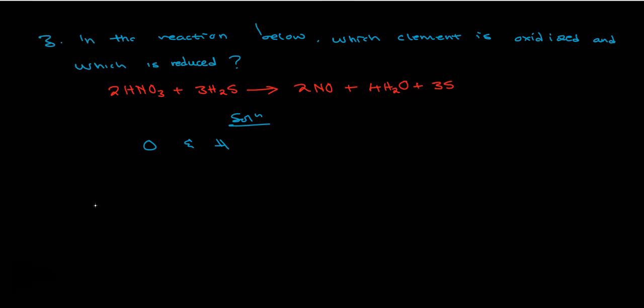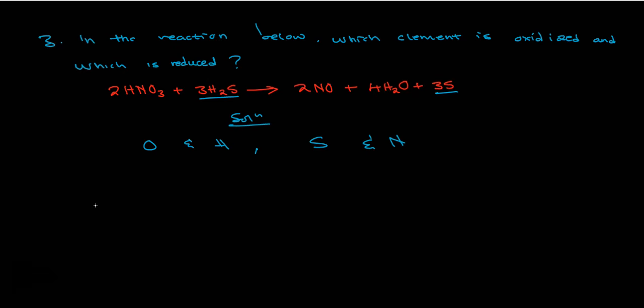Okay, so the elements we are going to look at is sulfur and nitrogen. So let's talk about sulfur. To find out, we are going to compare sulfur here and here.